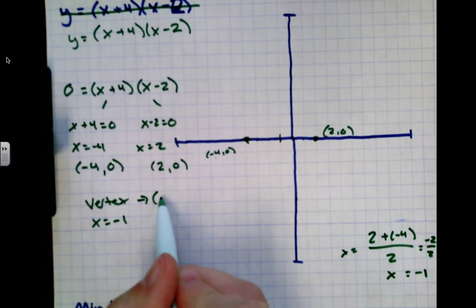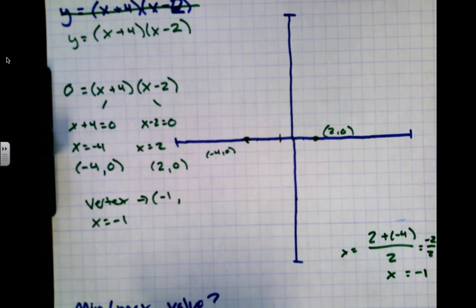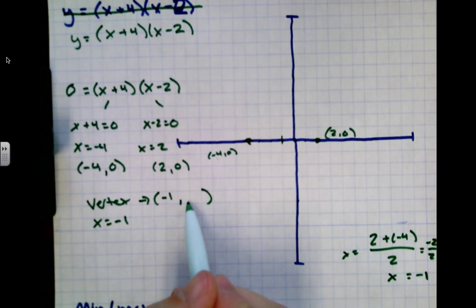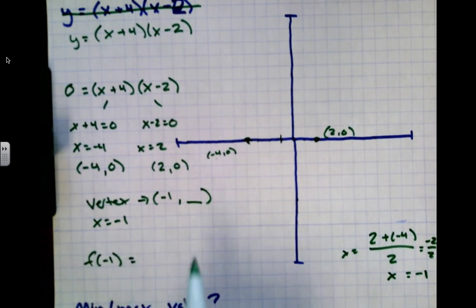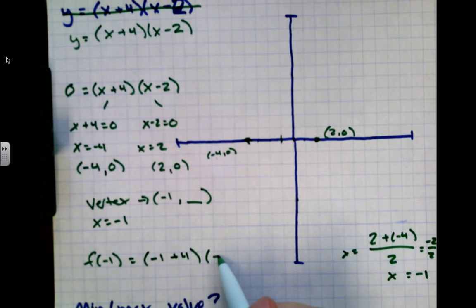Now, just like what we had done in standard form, we need to plug that negative 1 into the function to find out what our y value is going to be. So I'm going to plug in f of negative 1 into my original function. So negative 1 plus 4, and then negative 1 minus 2.